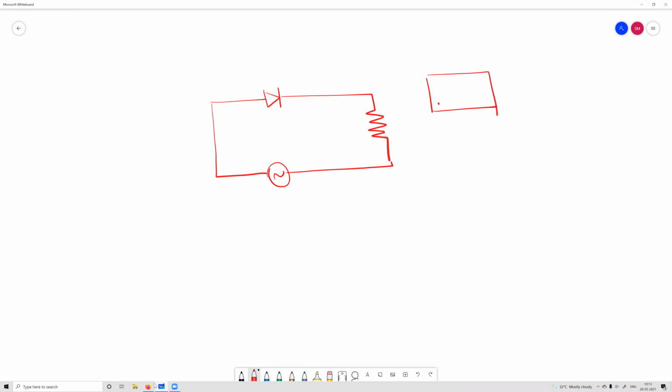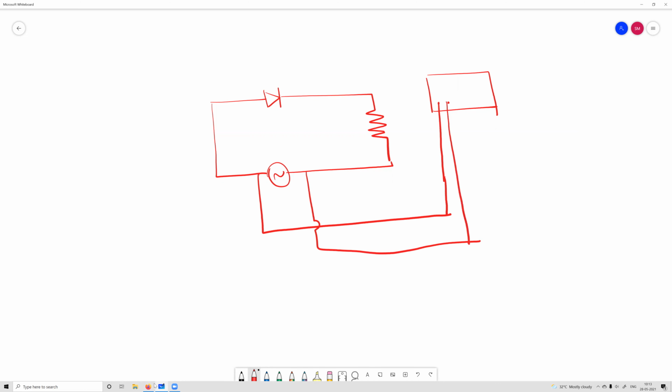The first channel is connected directly across the AC source. This is channel 1.